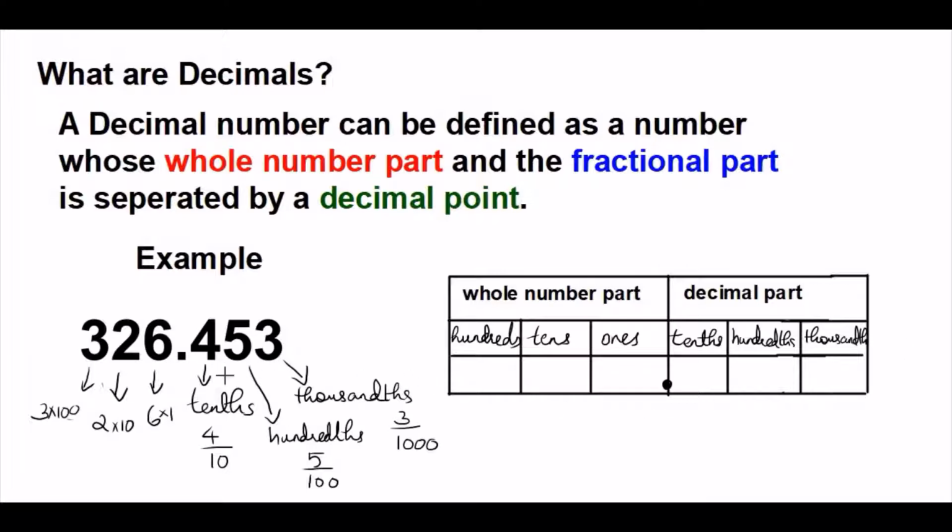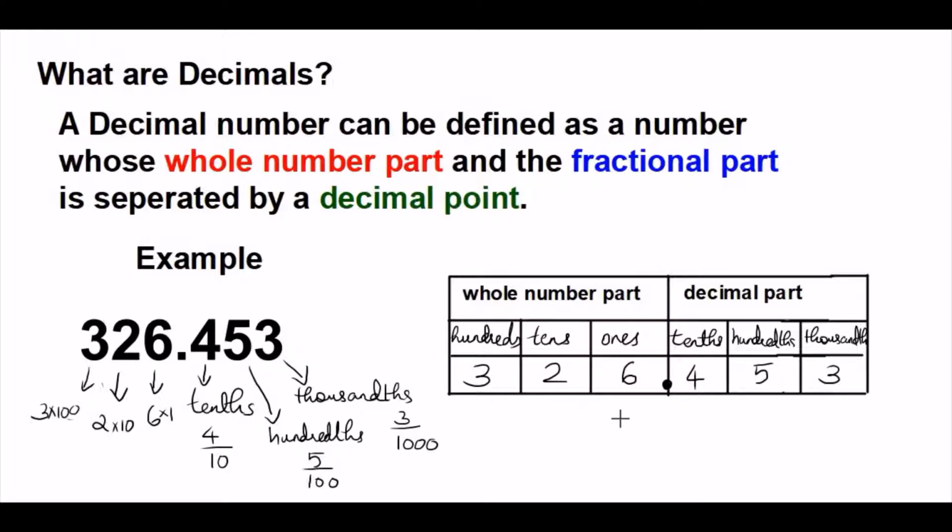So when you write this number 326, that is in the whole number part, 6 occupies the ones place, 2 occupies the tens place and 3 occupies the hundreds place. And after the decimal point, first is the tenths place, that is 4 is the digit that occupies the tenths place and 5 occupies the hundredths place and 3 occupies the thousandths place.